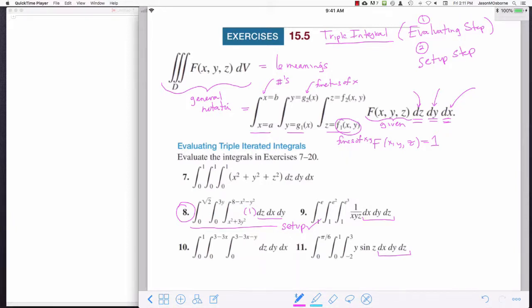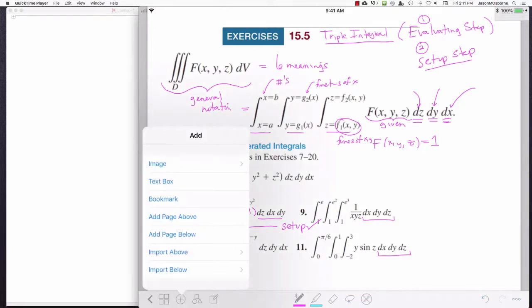But that's more on the setup step. Let's get into the evaluation step and just evaluate the integral that we have been given, and then we will interpret our answer. So let's add a page below.